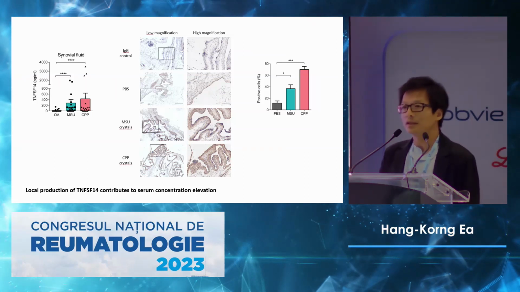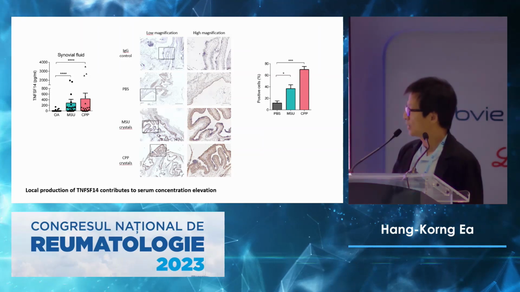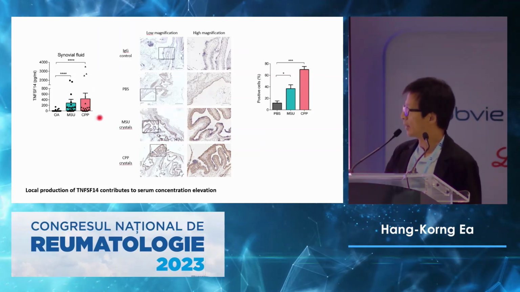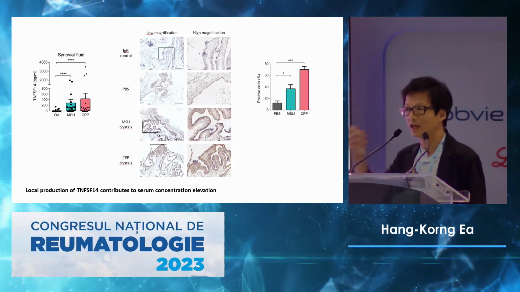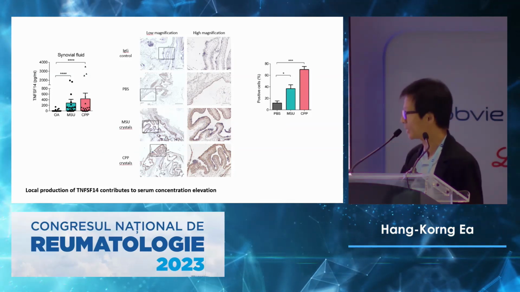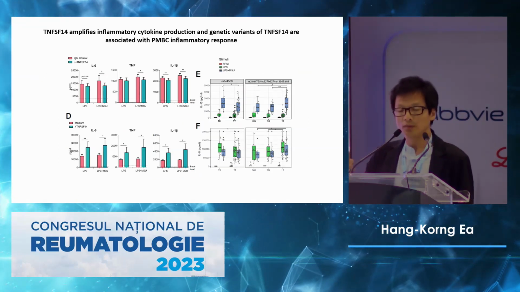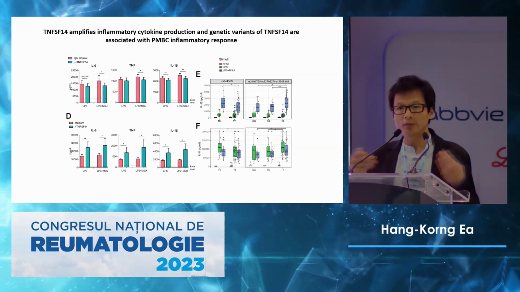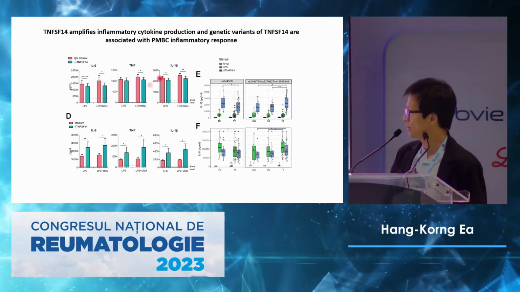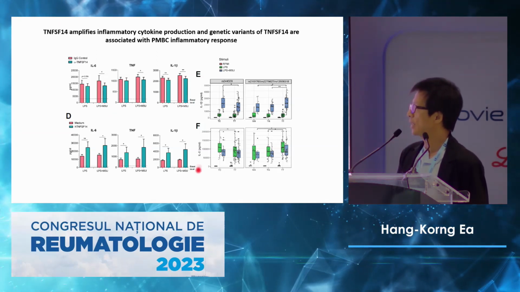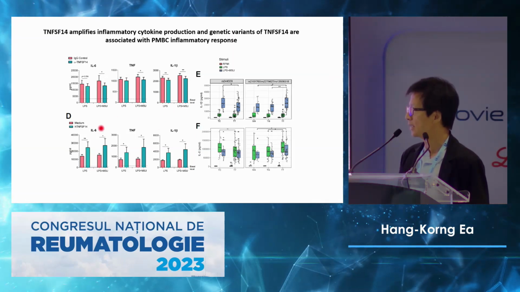And when we studied the expression of the protein in the air pouch model, when we injected urate crystals or CPP crystals, the expression of this protein was very high compared to the PBS injections. And in vitro, when we use the recombinant protein TNF soluble 14, we increase the effect of LPS and MSU on the production of IL-1, TNF, and IL-6.